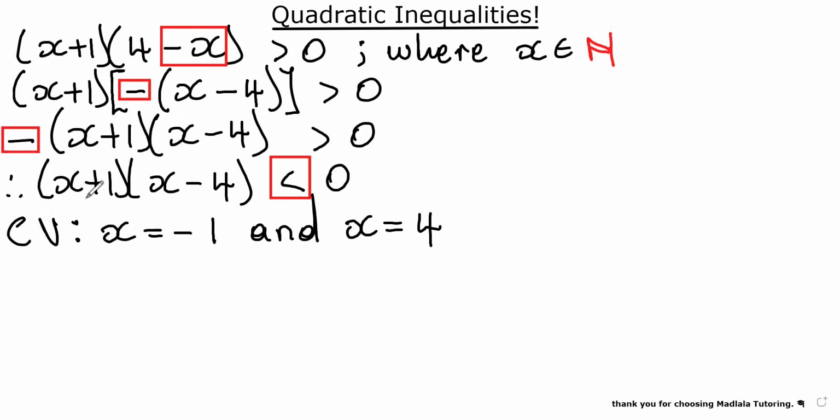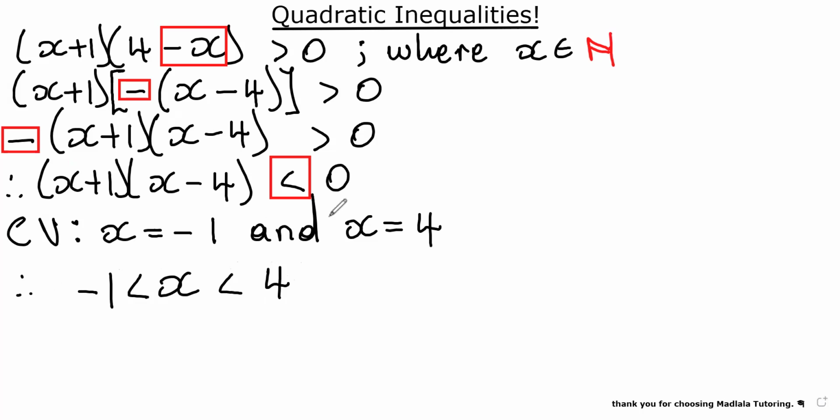Then we now know that it's a quadratic function that is facing up because both of these x's are positive. So where this function is negative, it's between those two x-intercepts, for values of x that are less than 4 but greater than negative 1. Do you see that?